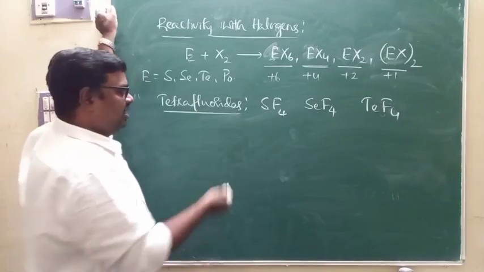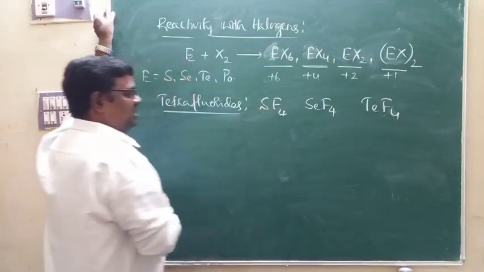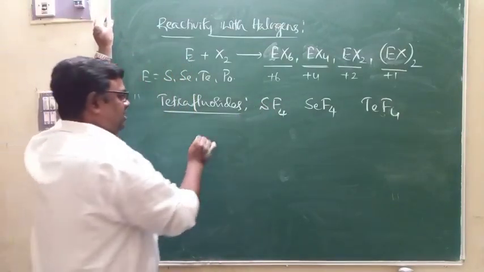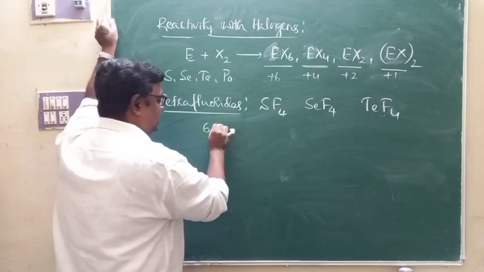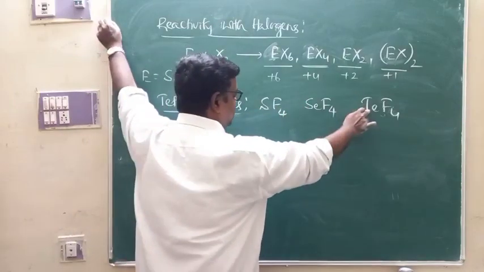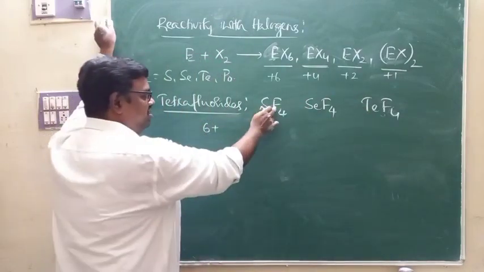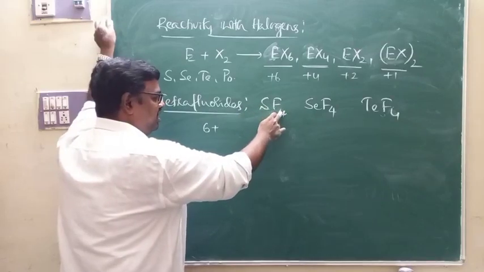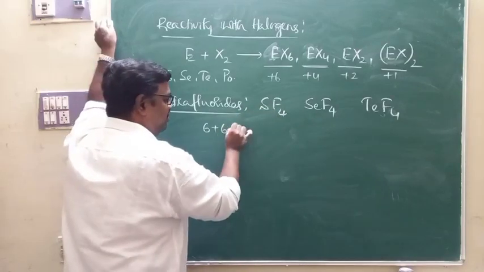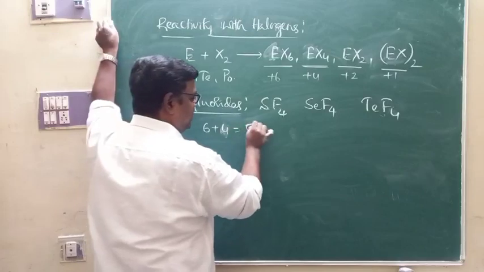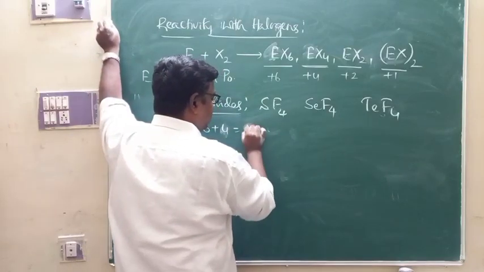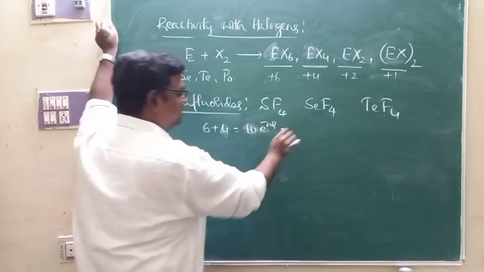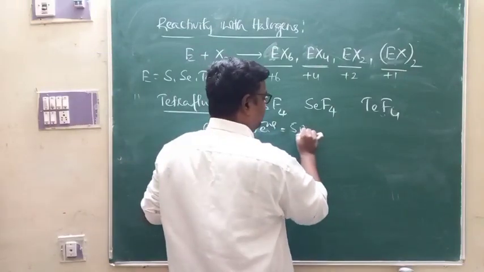Now look at this. As far as tetrafluorides are concerned, the central atom, whether S, Se or Te, contributes 6 electrons. Each fluorine, or each halogen, gives 1 electron, so 4 halogen atoms give 4 electrons. Therefore, it is 10 valence electrons and 5 pairs.